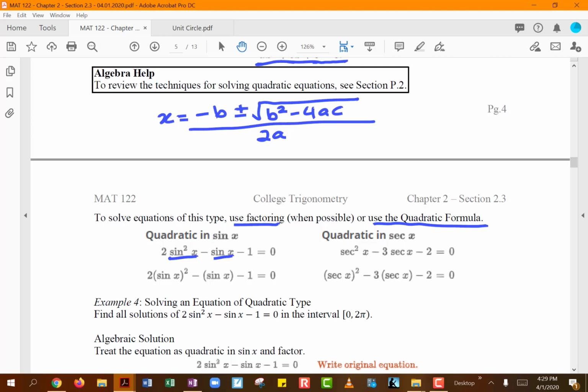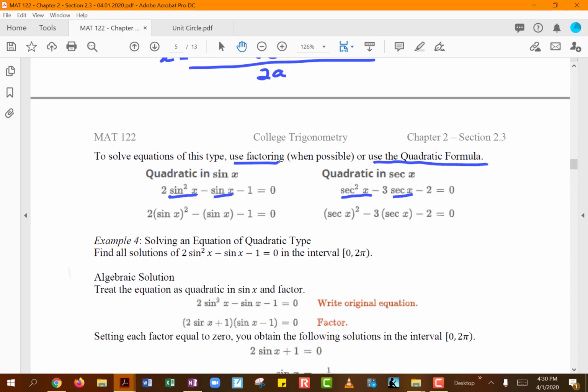So that's kind of what they're talking about here as our quadratic type of these functions. Same thing here, you can think of secant of x as being your x variable. So that's basically x squared minus 3x minus 2. That's kind of the format they are talking about here, and I'll show you more as we work through these examples to make sure you know what I'm talking about.